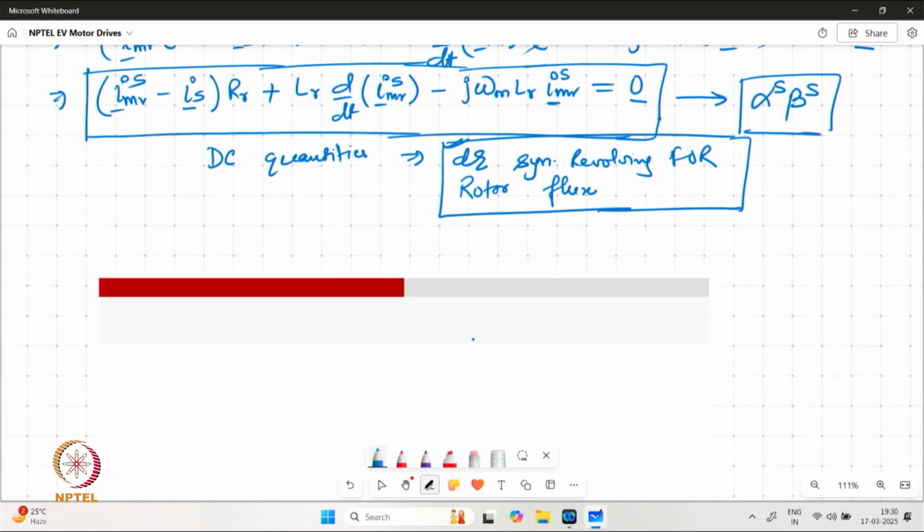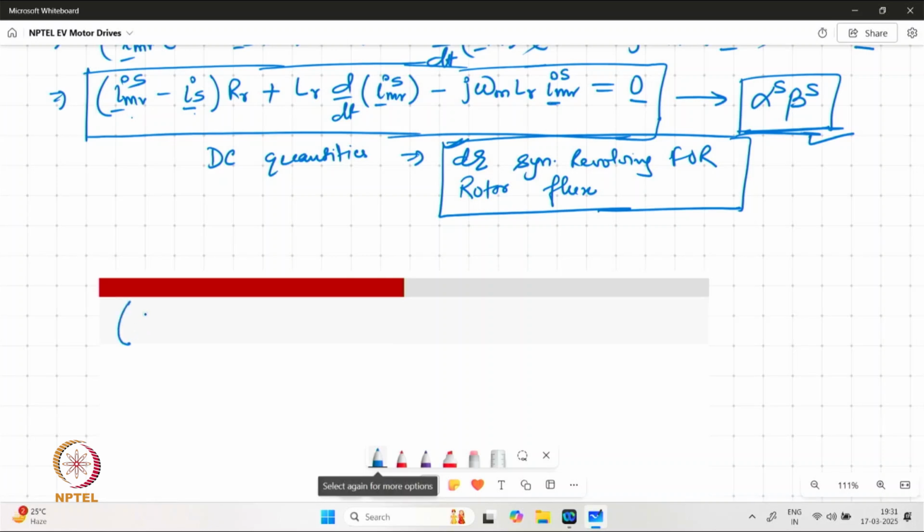Hence, if we now transform this equation, which is in the alpha s beta s domain, to the synchronously revolving frame of reference, we need to change the quantities to the appropriate frame of reference, and then we can use it.